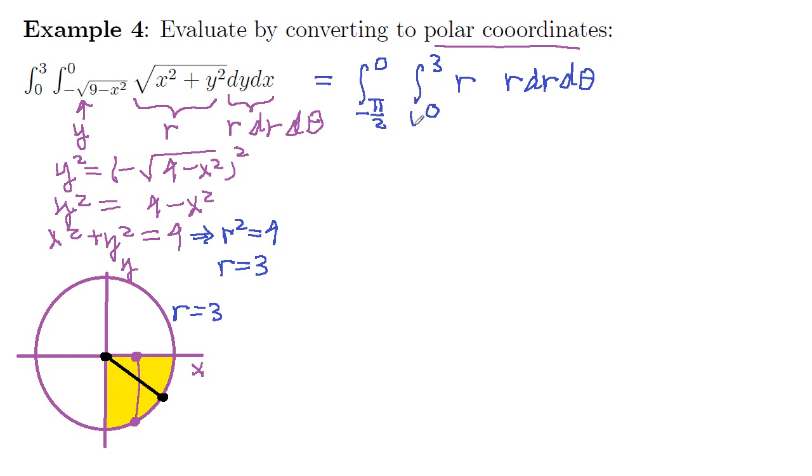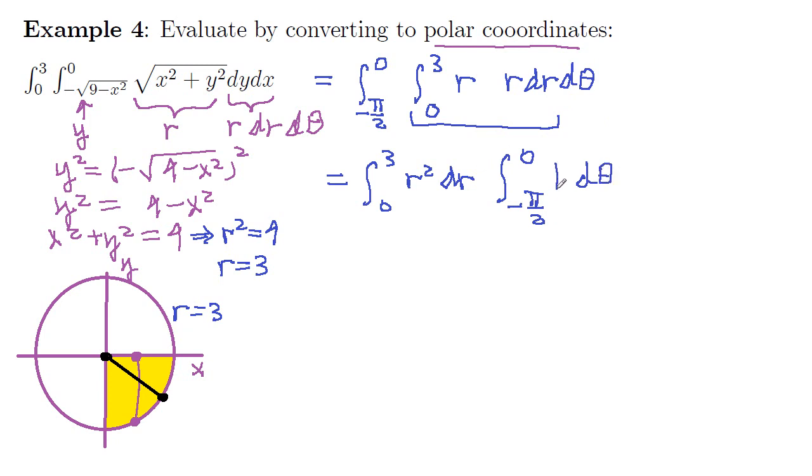So now notice that this inside integral is completely dependent on r. That's independent of theta. So we can factor that out in front. So out in front, we've got integral 0 to 3, r times r there, r squared, dr. And then the theta integral is left, negative pi over 2 up to 0, and just d theta.